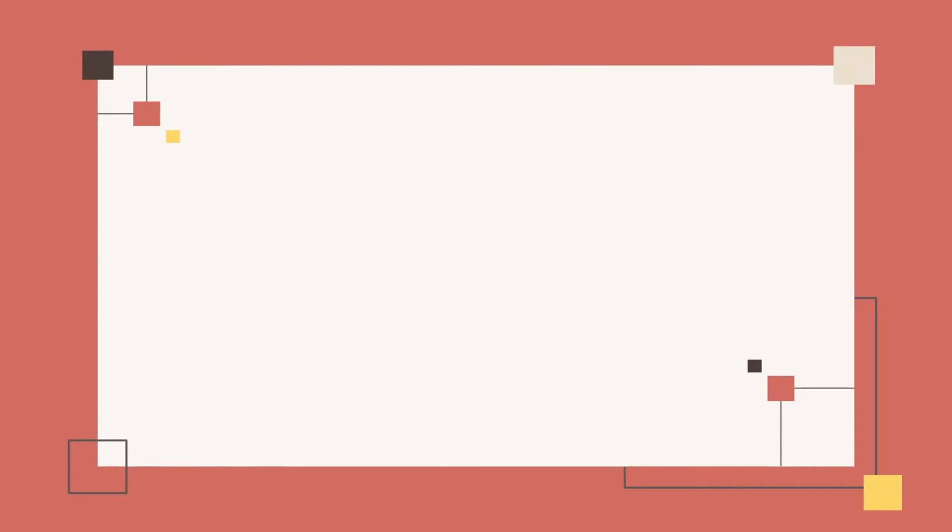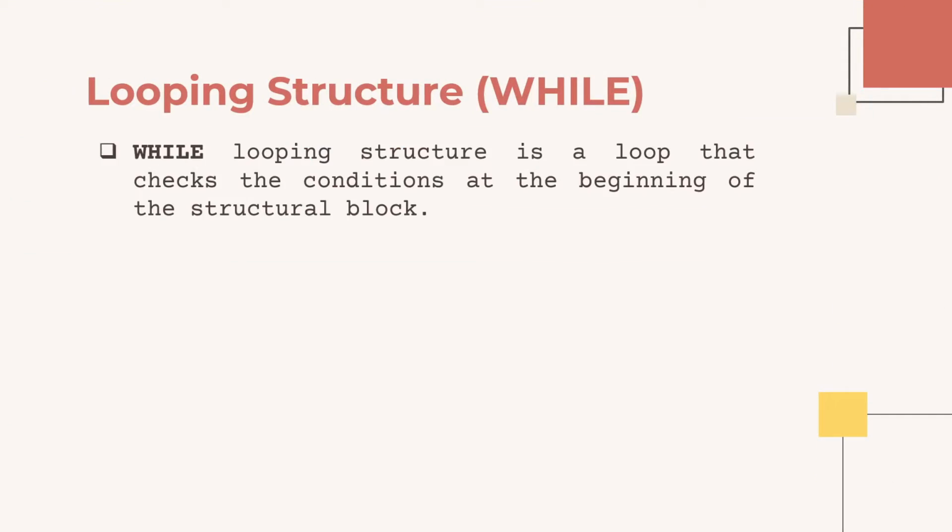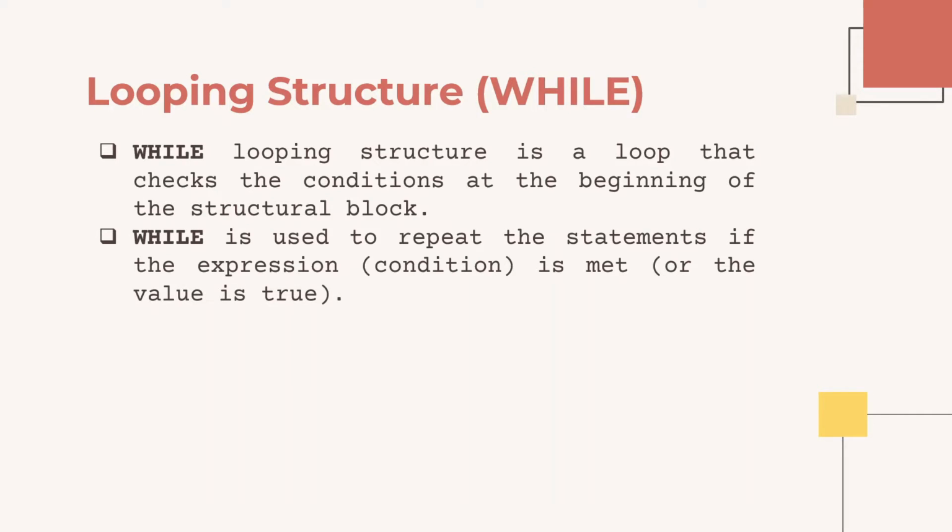Next, we are going to discuss the looping structure while. The while looping structure is a loop that checks the condition at the beginning of the structural block. While is used to repeat the statement if the expression or condition is met or the value is true.